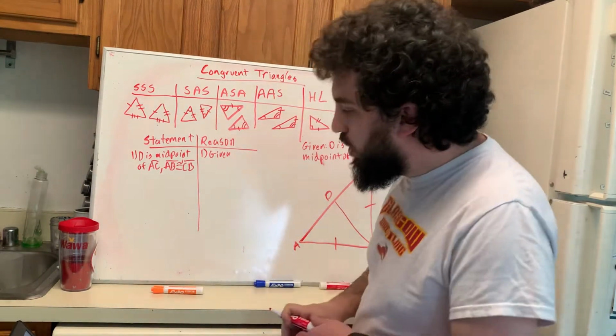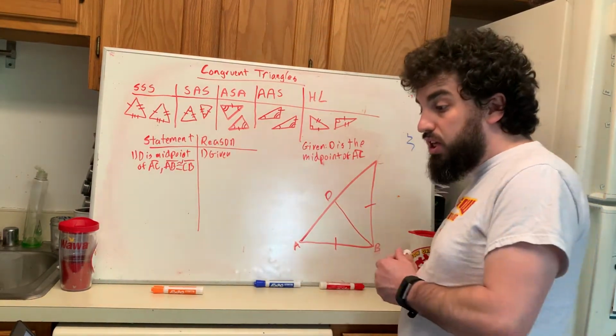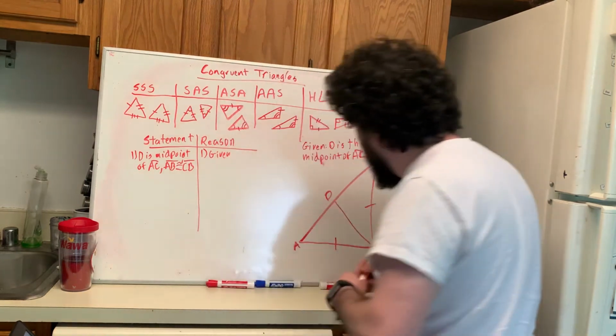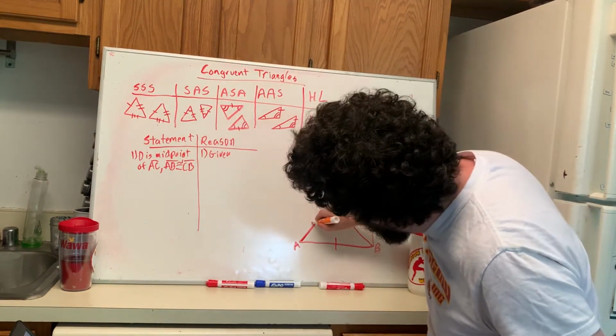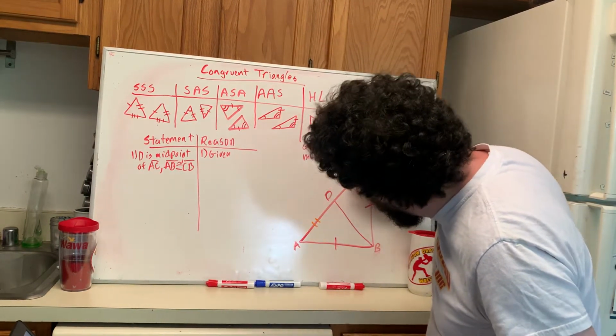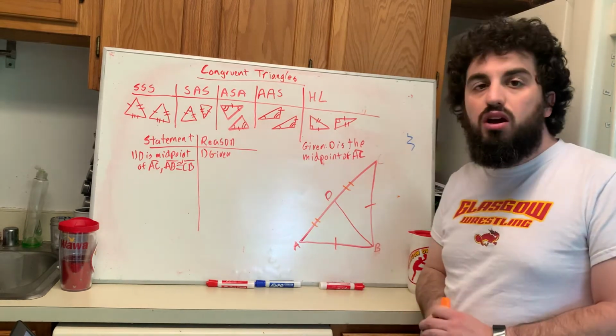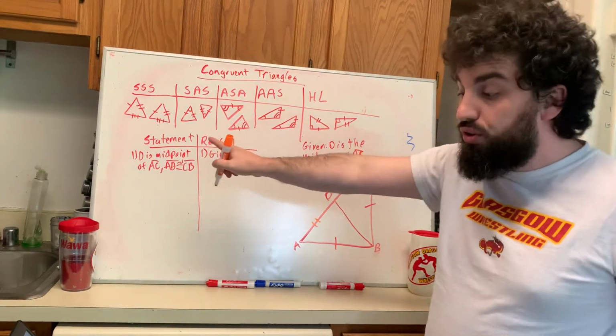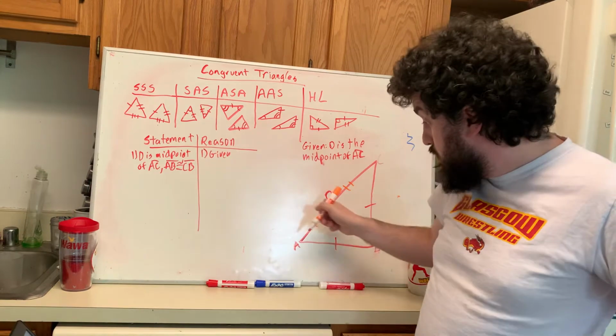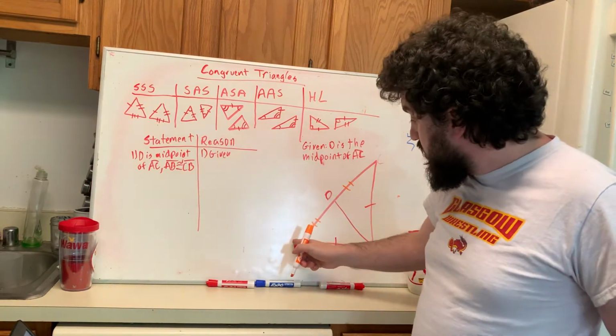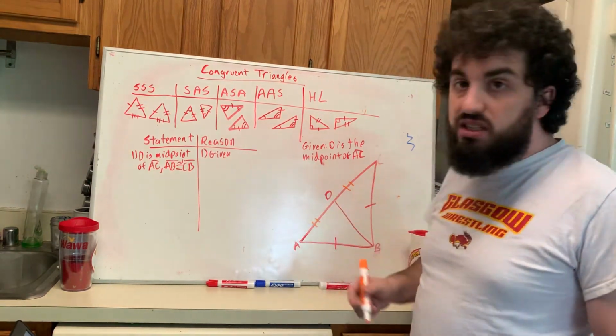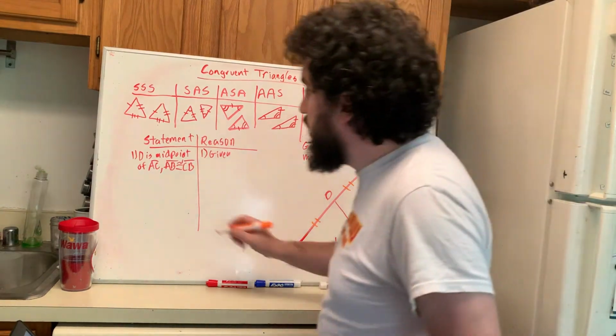Since something is a midpoint, that means it cuts it in half. That actually means AD and CD are the same. So based off the fact of the midpoint D, I'm allowed to say A to D and C to D are equal in length.